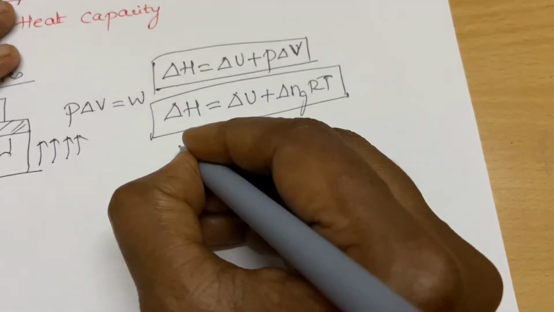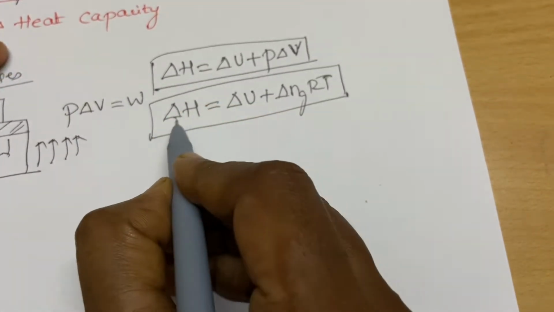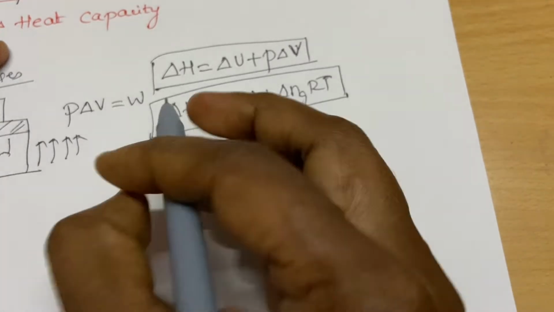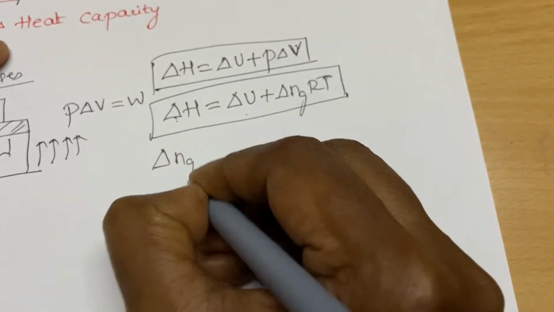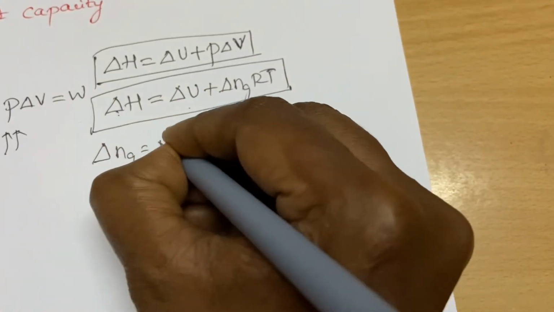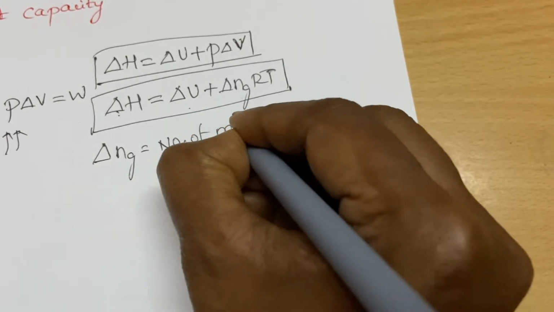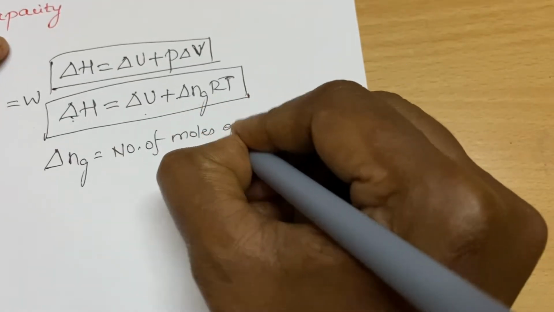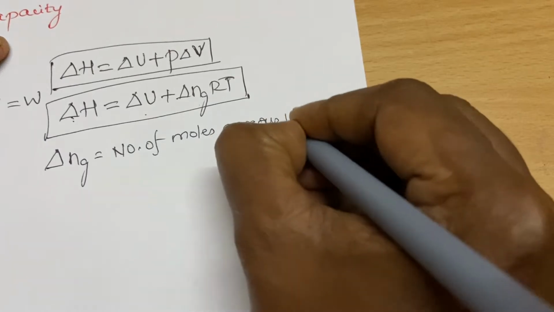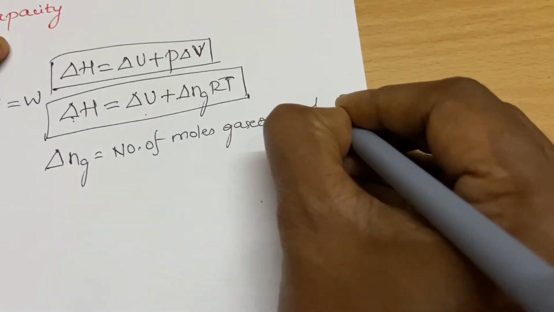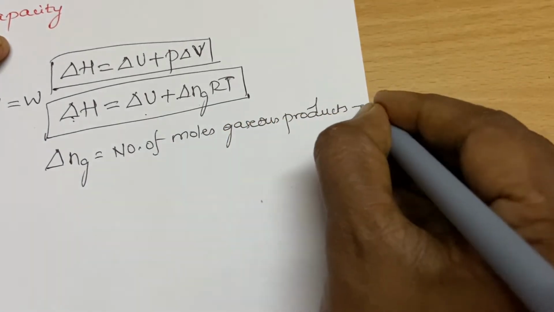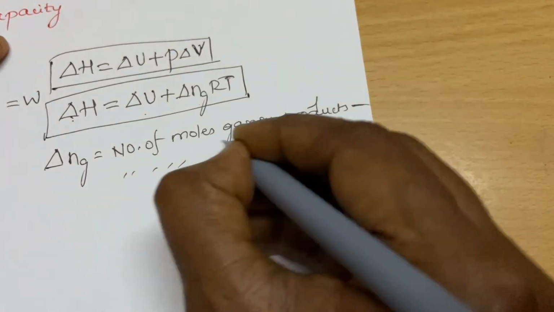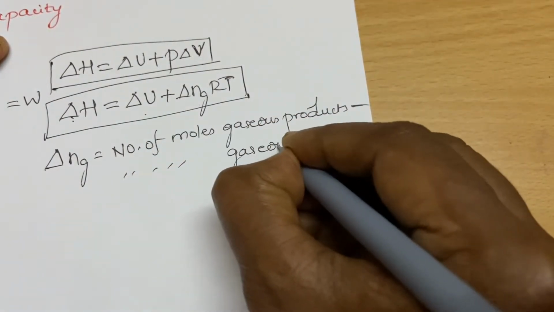Here del H is the change in enthalpy, del U is the change in internal energy, and del Ng is the difference between the number of moles of gaseous products minus the number of moles of gaseous reactants.